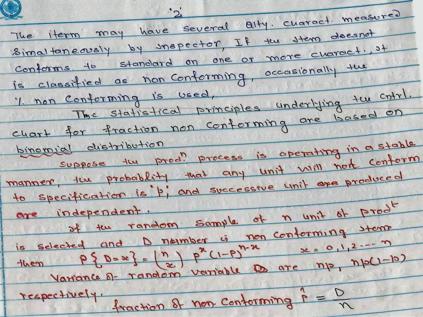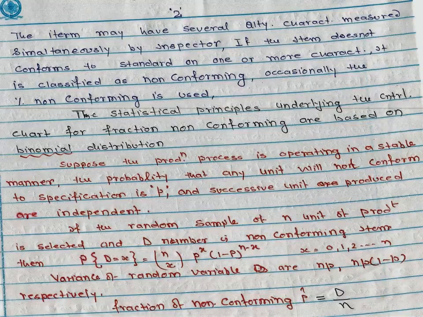So suppose the production process is operating in a stable manner, and the probability that any unit will not conform to the specification is P, and successive units produced are independent. So if a random sample of n units of product is selected, that means we are producing the product in a lot and we have to select n units, that is the sample size, and we inspect these n units whether they conform to the quality characteristics or not.